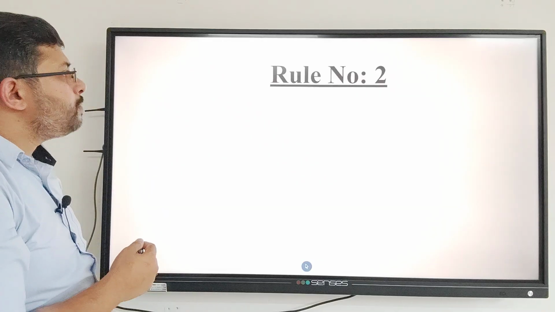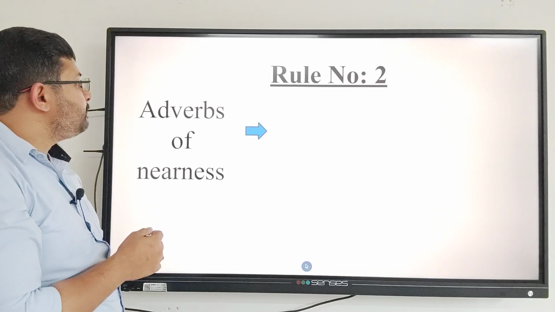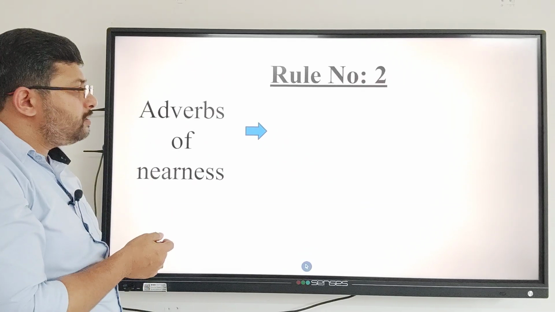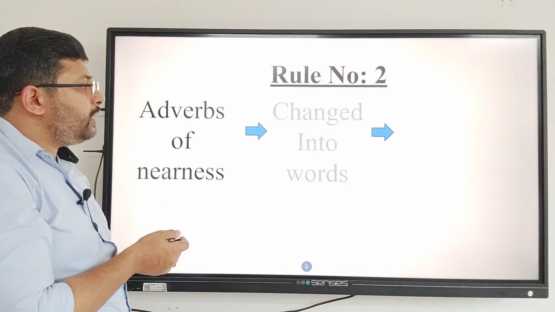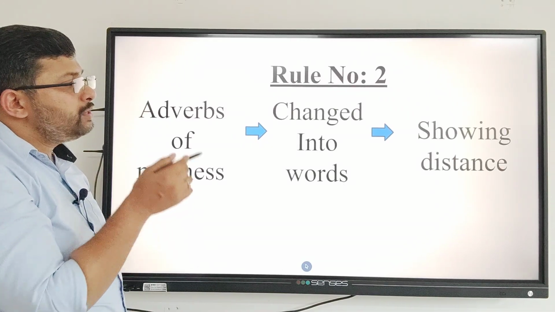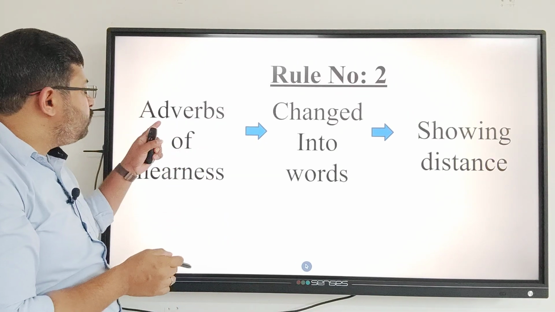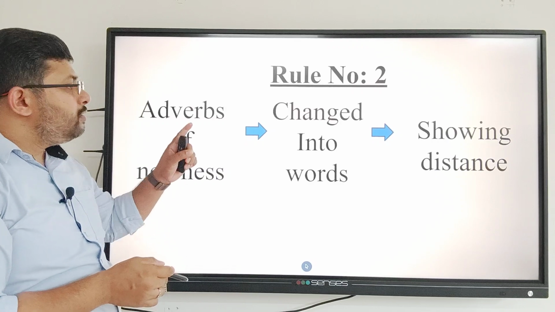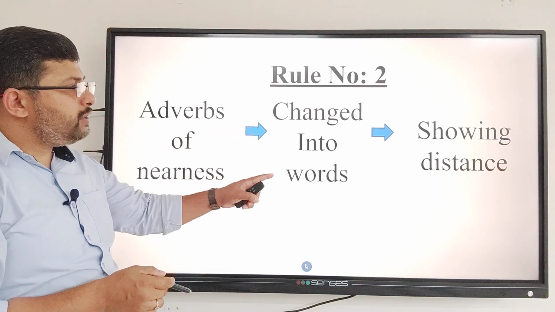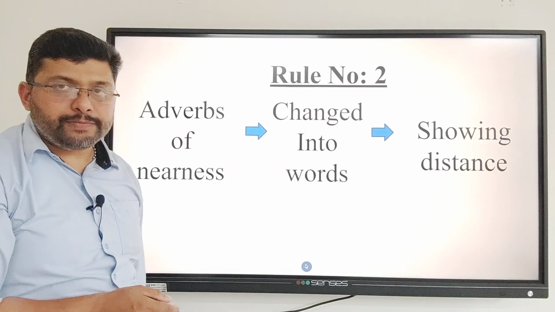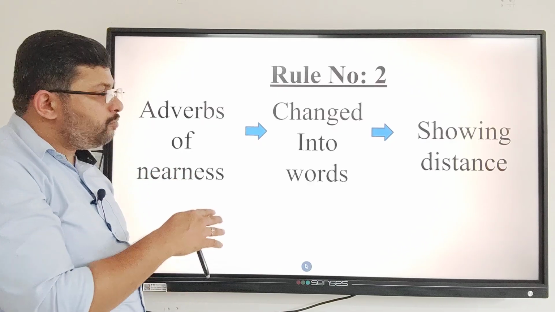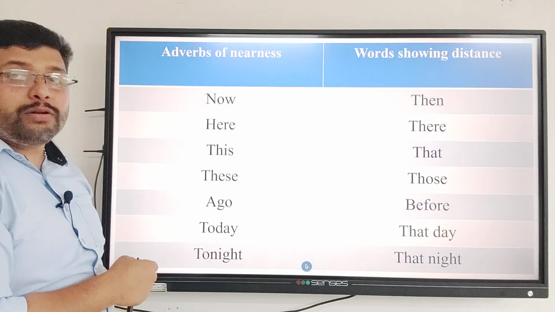Now rule number 2 says adverbs of nearness or place will be changed into words showing distance. You won't understand it right now, but I'll give you some examples. There you'll get a better idea.